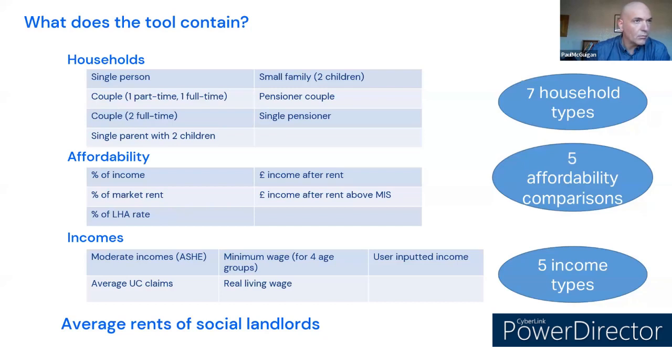And then that funny phrase, user inputted income, that's just a free text box where you can put in, if you were working with an individual tenant and they said to you, this is the amount of income I have a week, then you could type that into the tool.